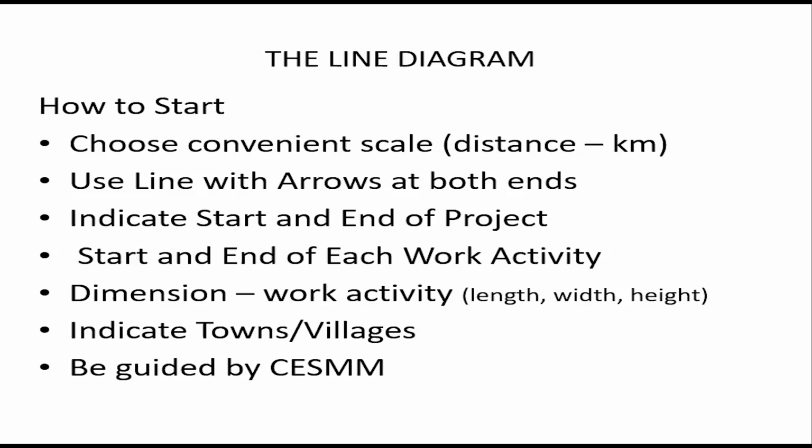That is the distance on the horizontal face of the line diagram. And then you use lines with arrows at both ends to depict the activities you are representing. And then you indicate the start and end of the project.